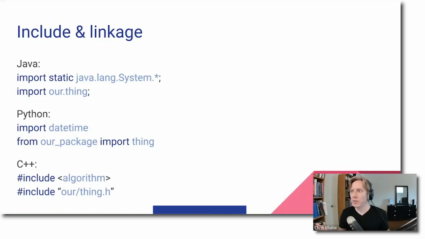If you use quotes, it's supposed to be like this is our code in our project. The reason you do that is you can actually specify different search paths for the different types of inclusion. So you can say, if it's a library, search these directories, but if it's our code, search these directories. And that pairs up with the Java and the Python examples. It's like importing a system library versus importing your own code.